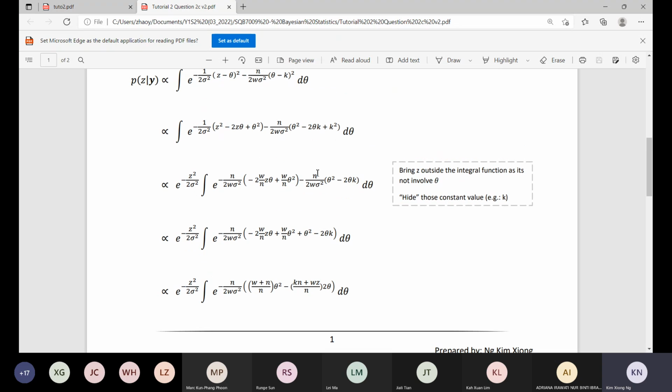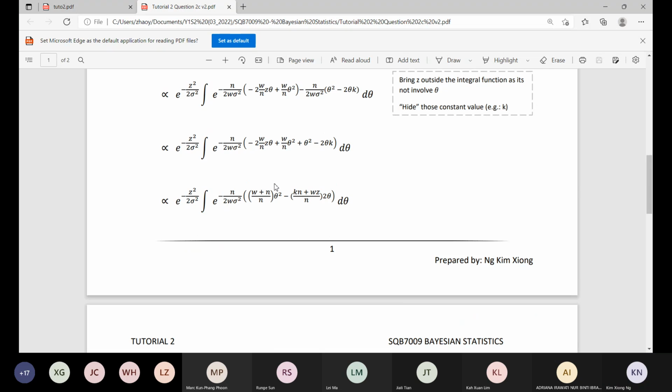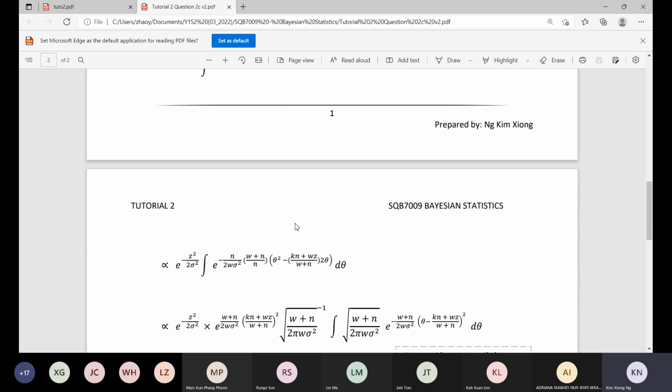Then in this case, because we are integrating over theta, we can bring the z outside the integral function, and we can hide the k square here, the constant value. Then we just hide it first. So after that, we just play around with the algebra equation, then we move around until this part.